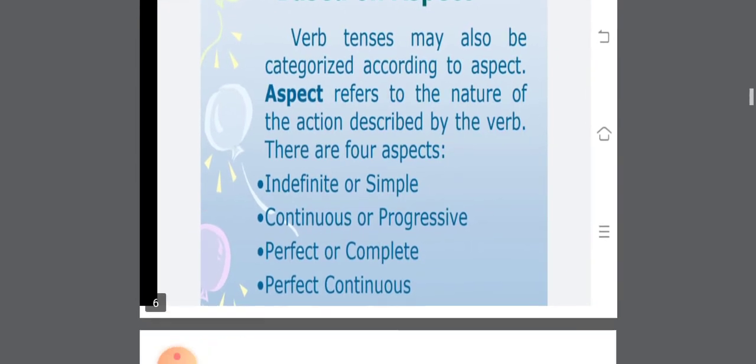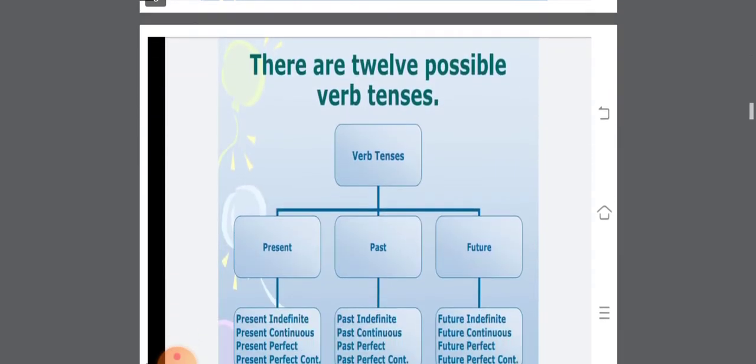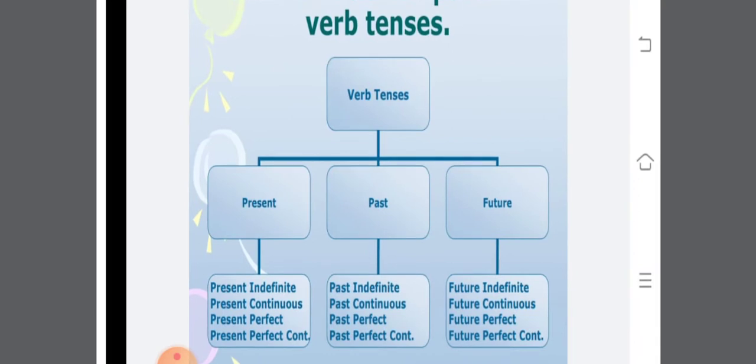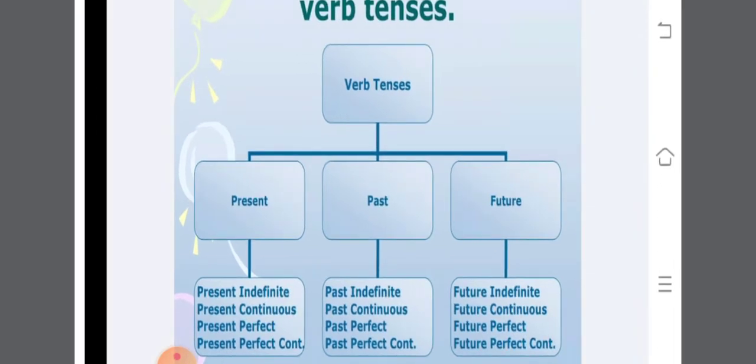These 4 divisions are. Now there are 12 possible verb tenses. How? Because each tense, the present has its 4, past has its 4, and the future also has its 4 divisions. The divisions are also the same. Present indefinite, present continuous, present perfect, present perfect continuous under the present tense.